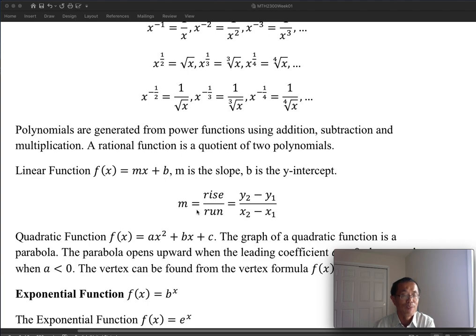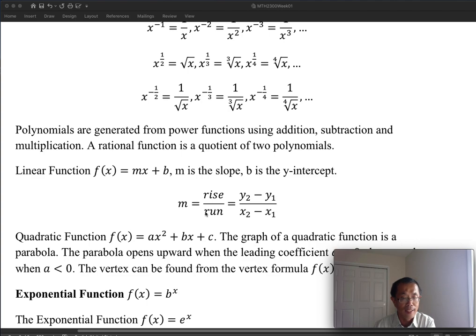Specifically, I want to mention the slope. Slope is rise over run. Rise is the change along the vertical direction. Run is the change along the horizontal direction. So slope can be calculated as rise over run, and this is for a line.